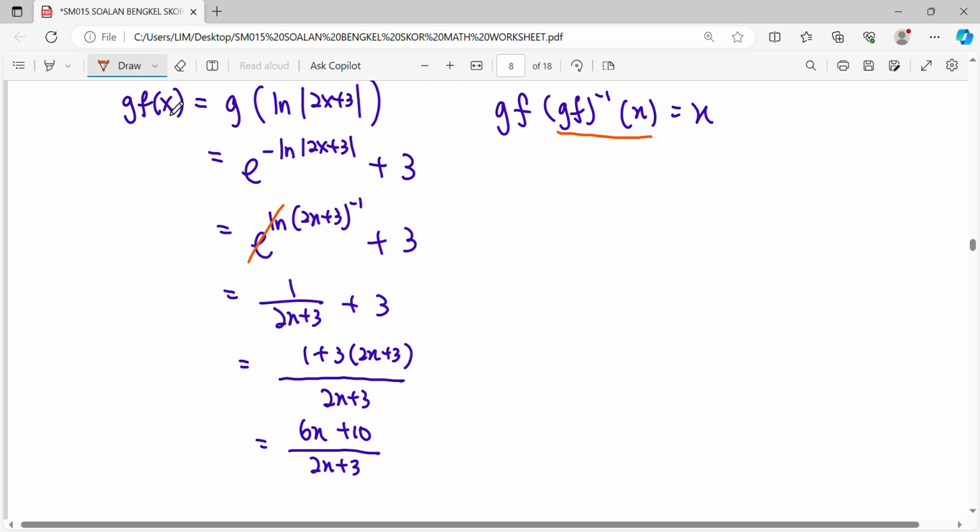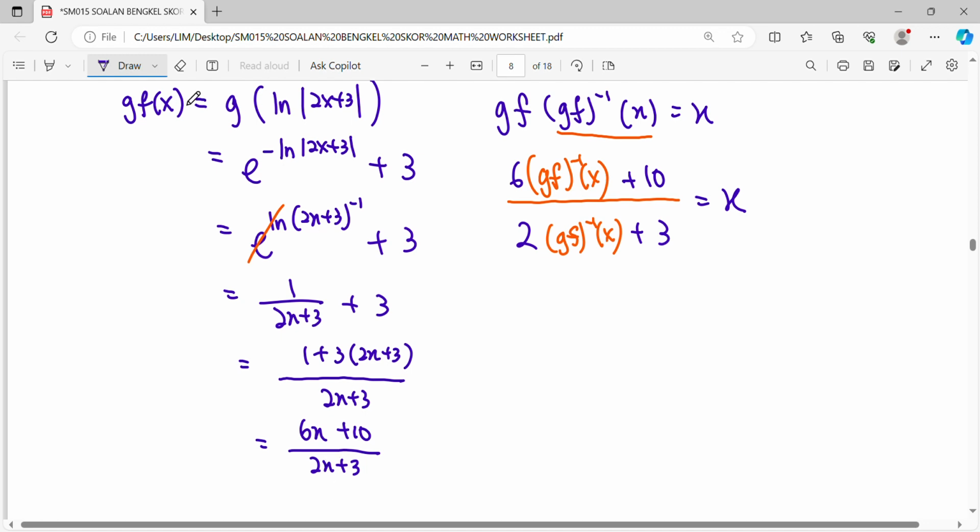Means the x here will be substituted by gf inverse. So (6x plus 10) over (2x plus 3), where the x will be replaced with the function gf inverse.